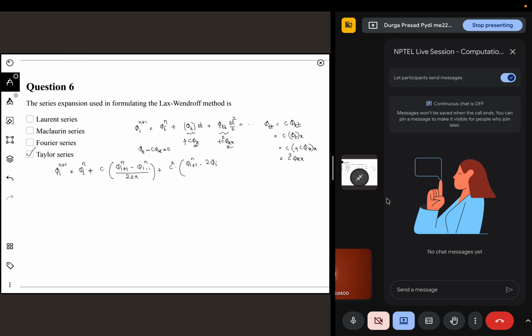So this is the Laplacian operator, which is again second order accurate. And then we have this delta t square by 2. So I can write lambda as c delta t by delta x. Minus phi i minus 1 n plus this is lambda square.